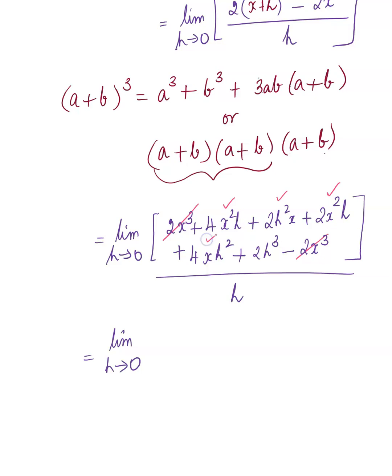This and this, these two are like terms. So collect all the like terms, combine them, and I'm going to do them all in multiple steps. So this and this, 6x squared h. This and this, 6h squared x.